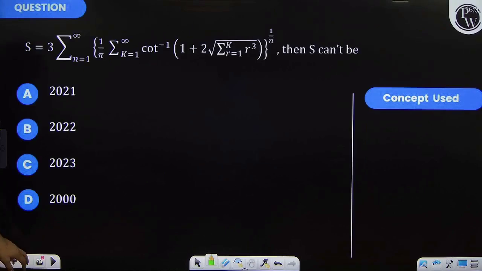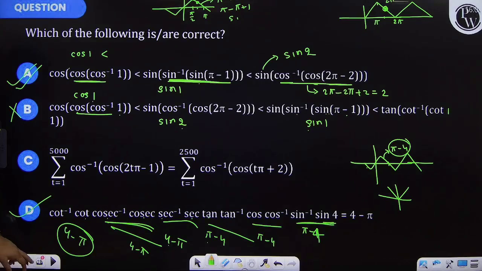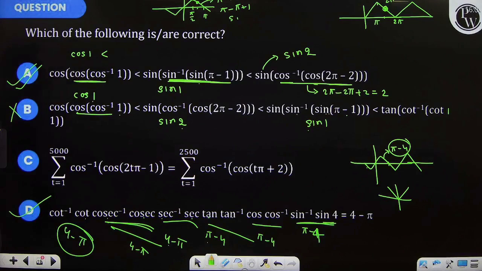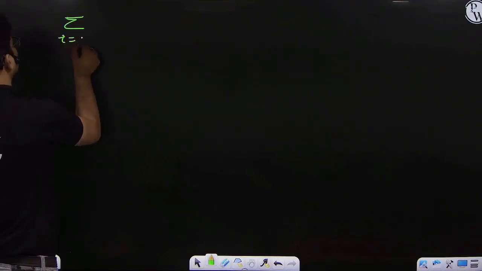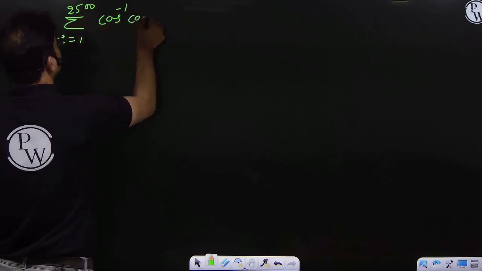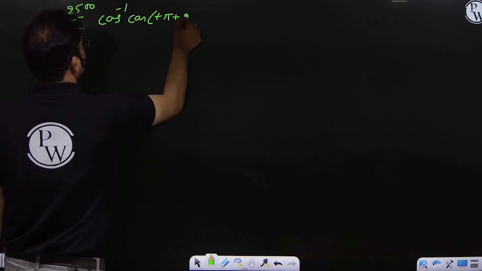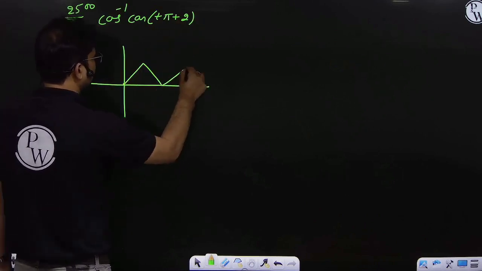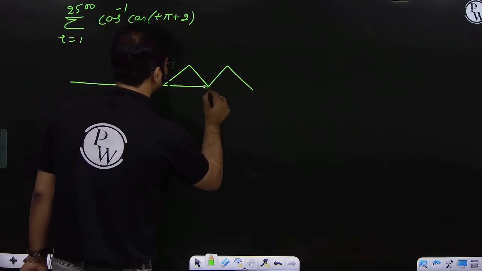Next point is t is equal to 1 to 2500, cos inverse cos of t pi plus 2. Come to the point. My dear, this is your graph of cos inverse cos x.